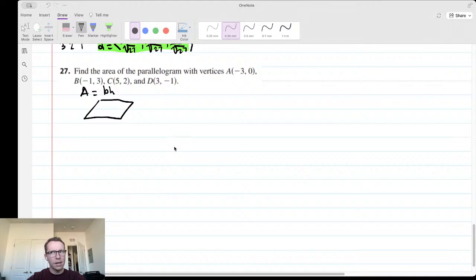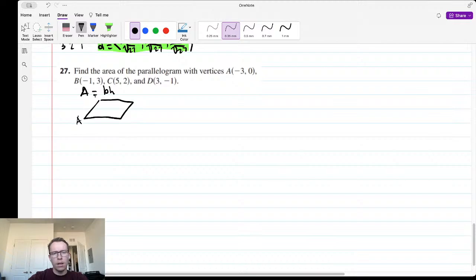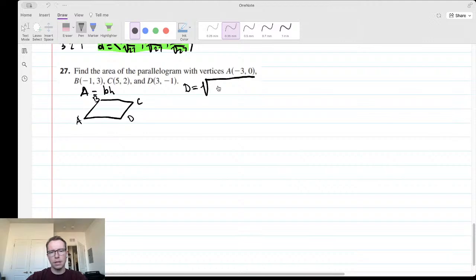Okay, it should be pretty simple. So let's see, we have A, B, C, D. Okay, so let's get the distance between B and C. So the distance formula is the square root of, let me see if I can get this right.